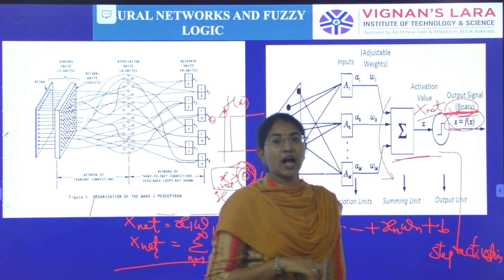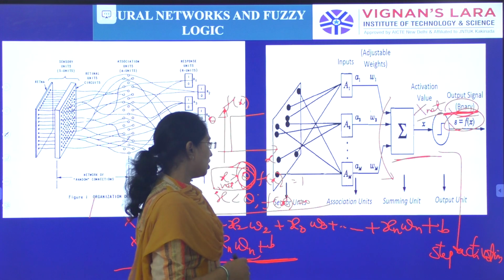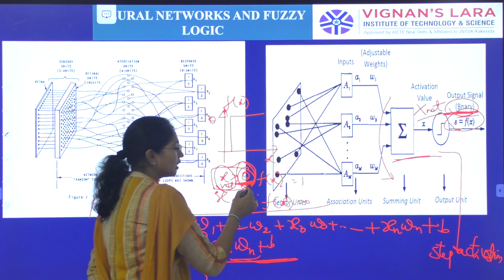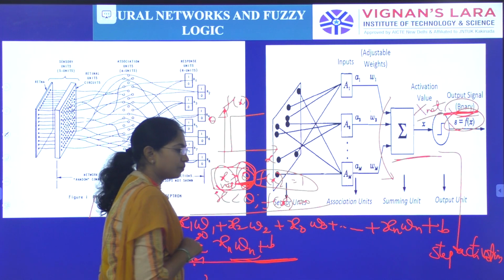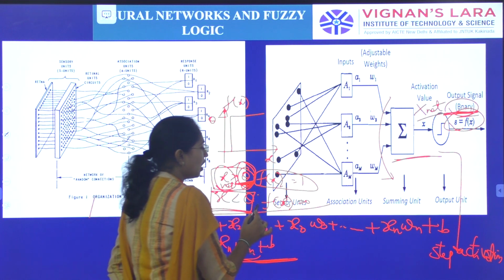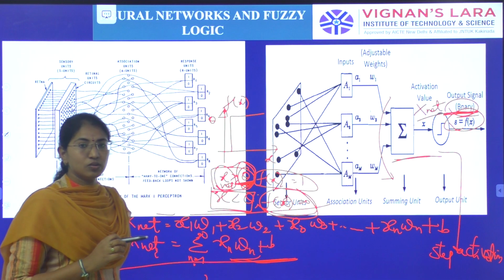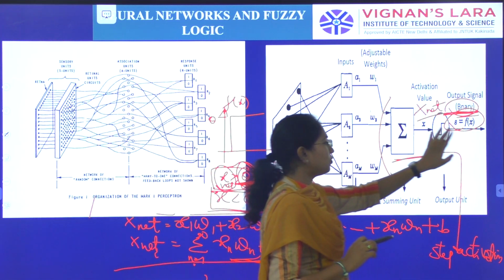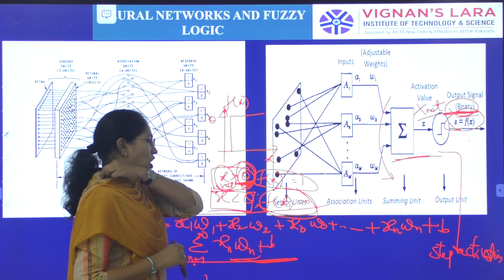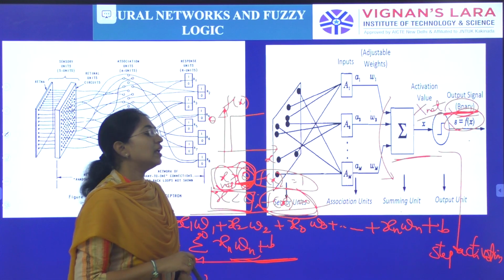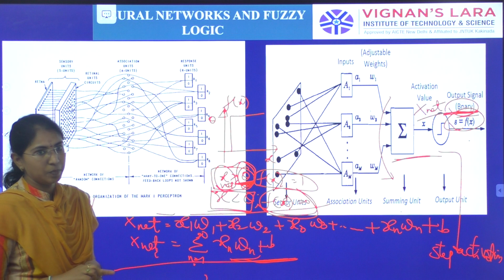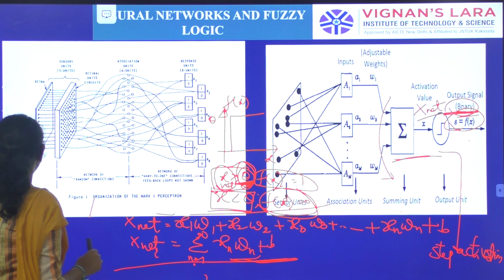You may get the output value as 1 or 0. So if xnet is greater than or equal to theta, the output is 1. If xnet is less than theta, the output is 0. So you get the output of the perceptron neural network as 0 or 1. This is the entire operation that is performed in the perceptron neural network.